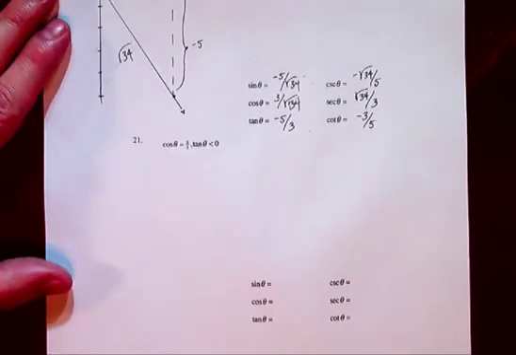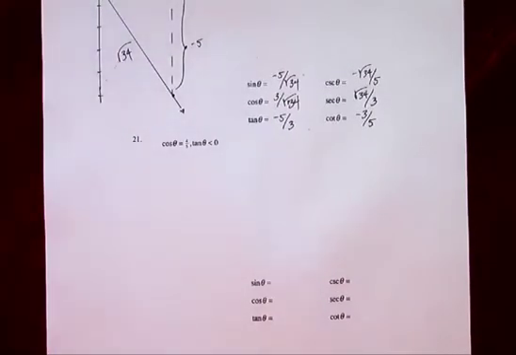Now, cosine of 4/5, as you probably should know by now, is ambiguous, meaning that it doesn't have a definitive meaning because cosine can be 4/5 in two different quadrants. It can be 4/5 in the first quadrant because cosine is positive in the first quadrant. It can also be 4/5 in the fourth quadrant because cosine is positive in the fourth quadrant.